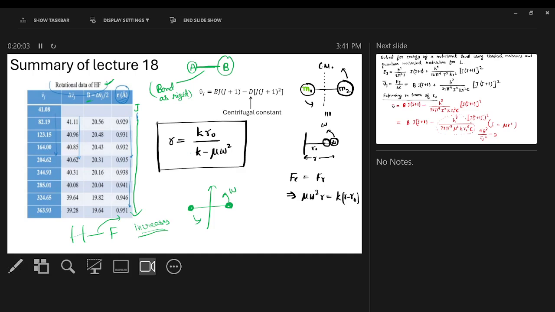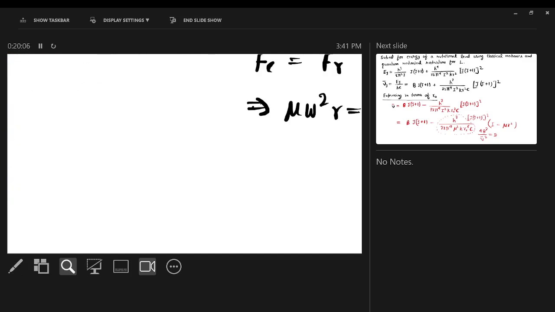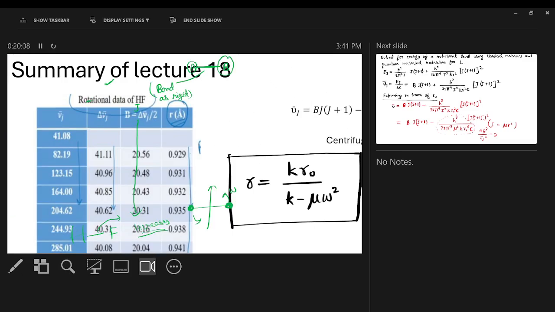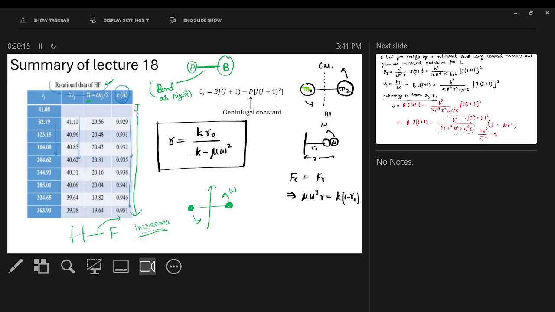This angular velocity will increase with J, and the higher the angular velocity, the higher the centrifugal distortion.